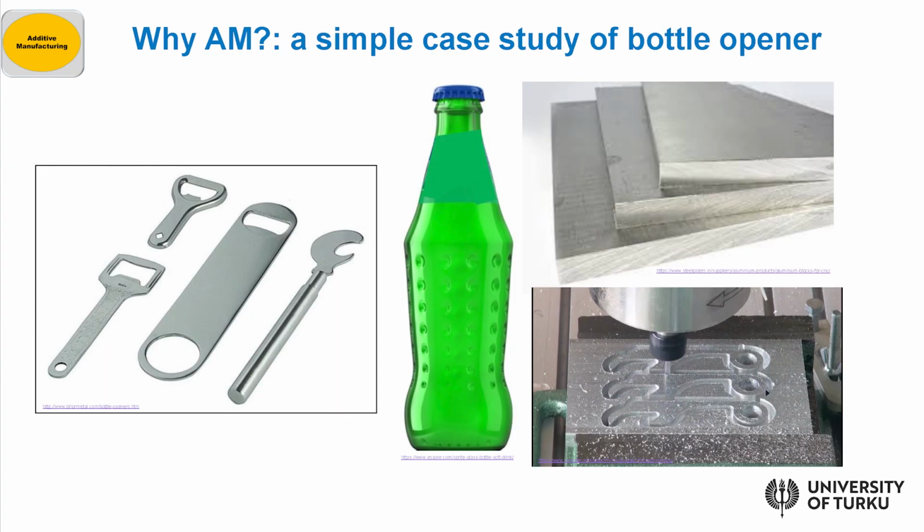There are many more, but I'm pretty sure that at least these three are enough to motivate you to board this train. Another motivation that I would like to give you is this simple case study of a bottle opener. I'm pretty sure most of us have used a bottle opener in our life. If not used, then at least have seen one, right? So how do we manufacture this bottle opener traditionally? We have a sheet of a certain material of a certain thickness, and then we machine out or mill out the certain shape that we would like to have in the bottle opener.